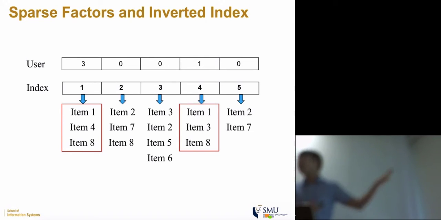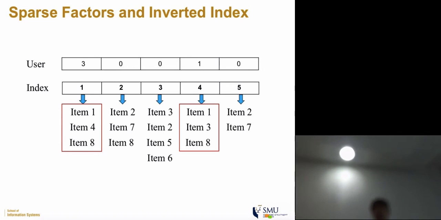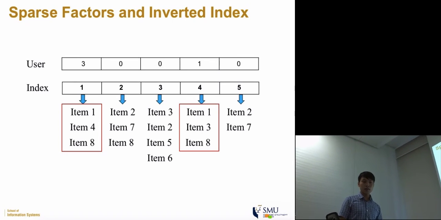So this assumes right now that user and item vectors are all sparse vectors. This is something we first showed as MF.